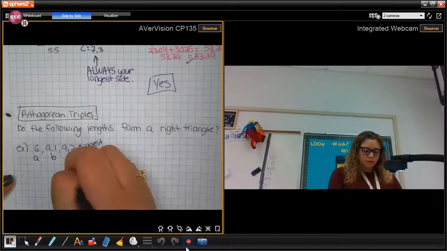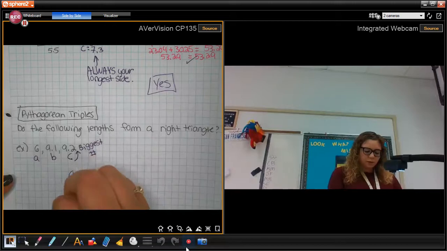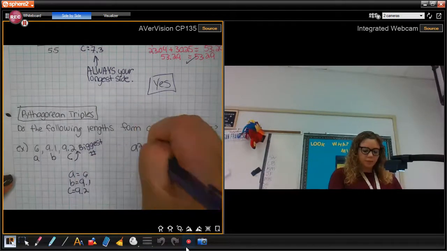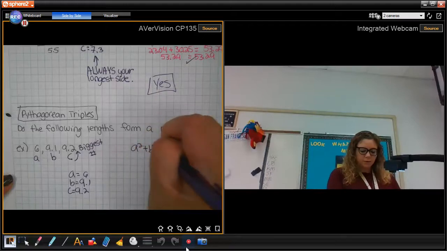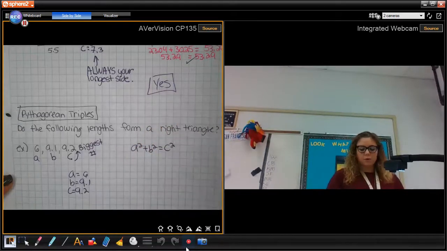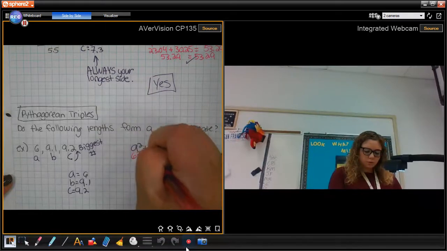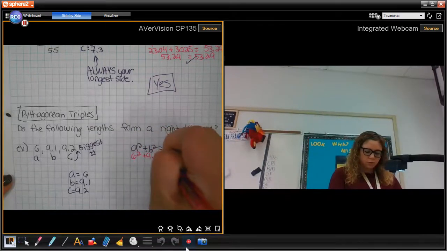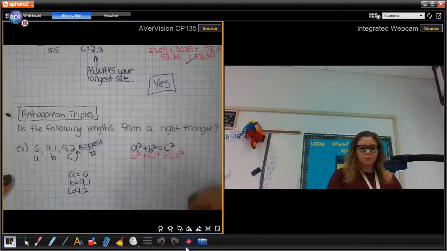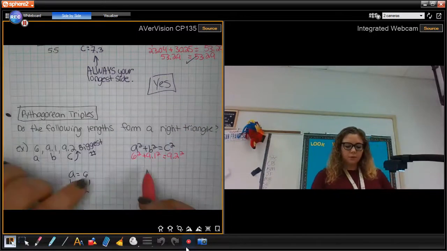So I have A equals 6, B equals 9.1, and C equals 9.2. So I'm going to plug in my values into the Pythagorean theorem, and I'm going to solve.